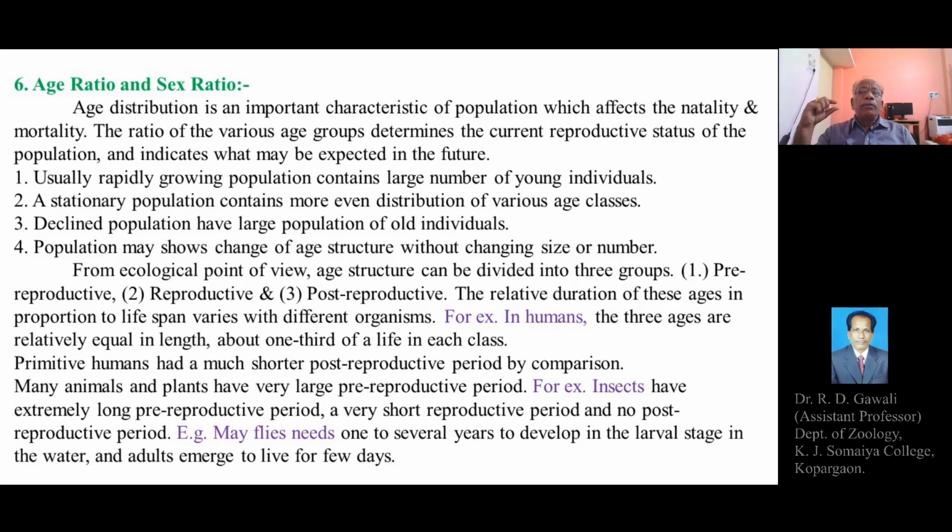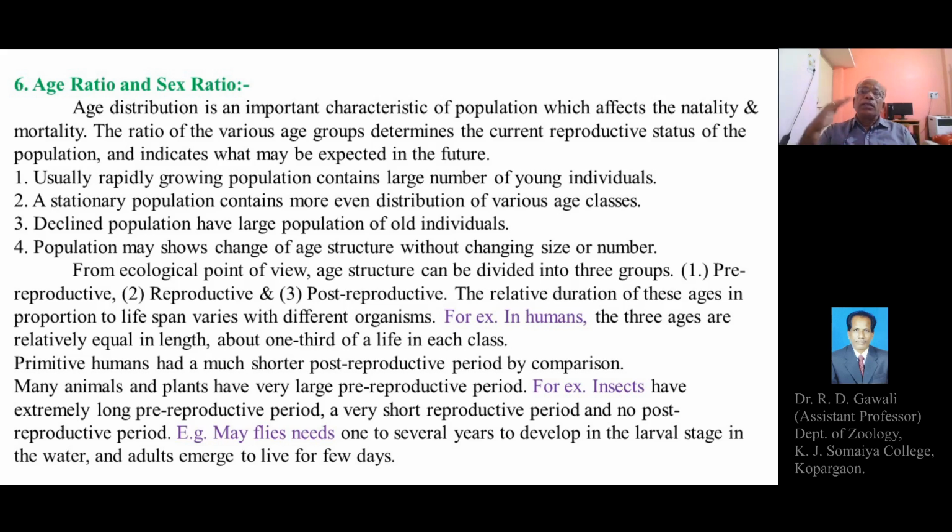So natality and mortality are mainly affected by the different age groups of the population, such as the young stage, adult stage, or the old stage. These are the three groups of the population, which may have a varied number of individuals in each age group.